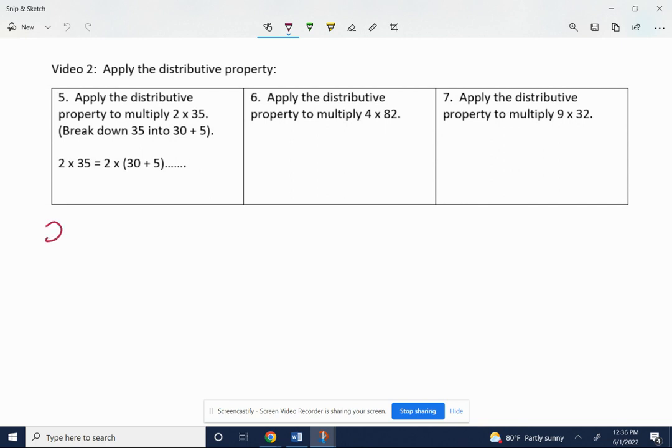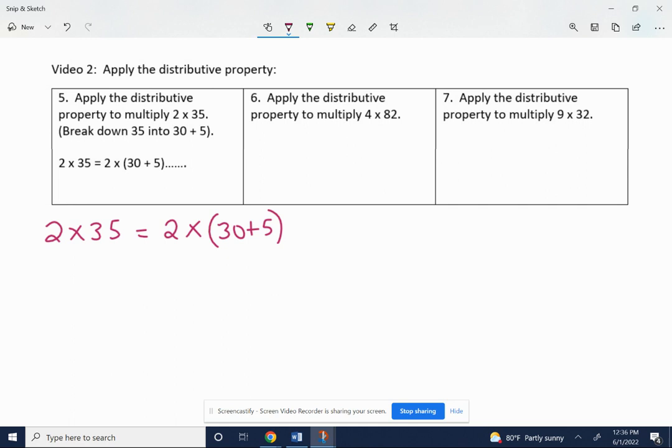If I had 2 times 35, I could think of that as the same thing as 2 times 30 plus 5, because 30 plus 5 is 35.